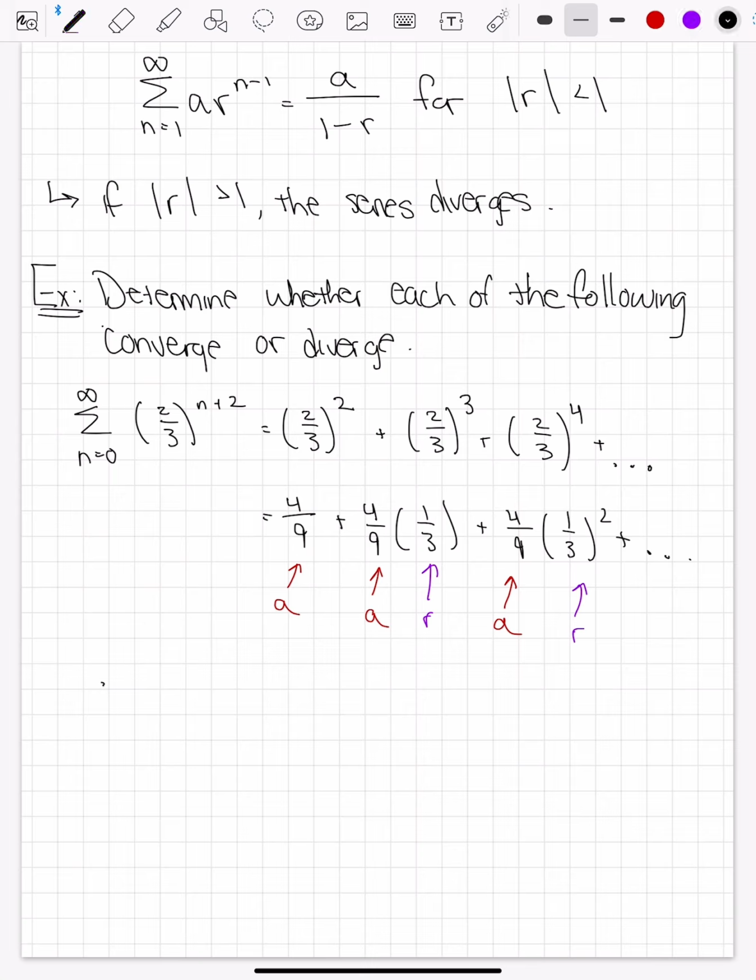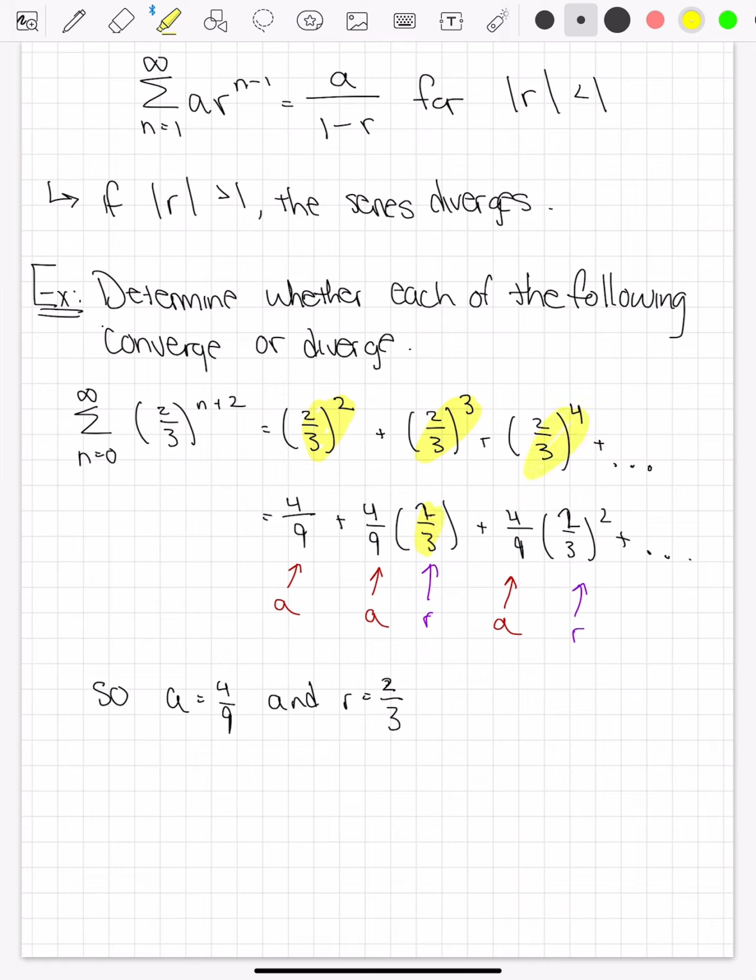So a is 4/9 and r is 1/3. Oops, sorry, I'm writing 1/3 and it's literally right there that it's 2/3. I don't know where I got that from, so sorry guys, that's 2/3. Because remember, in this one we only have (2/3) squared, and then here we have (2/3) cubed, so there's one extra 2/3.